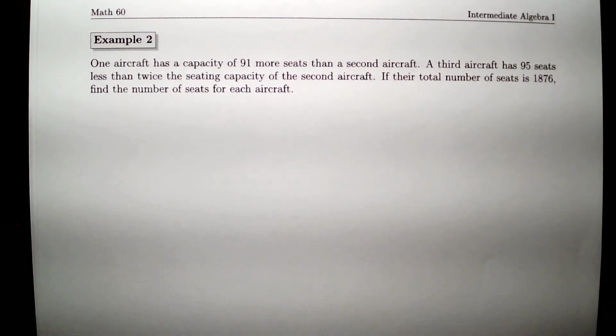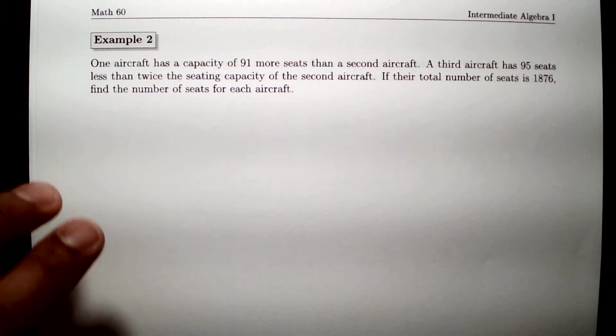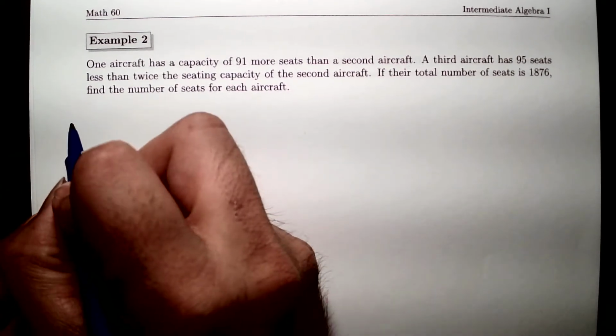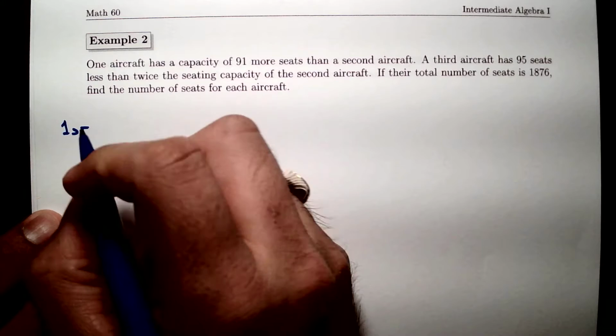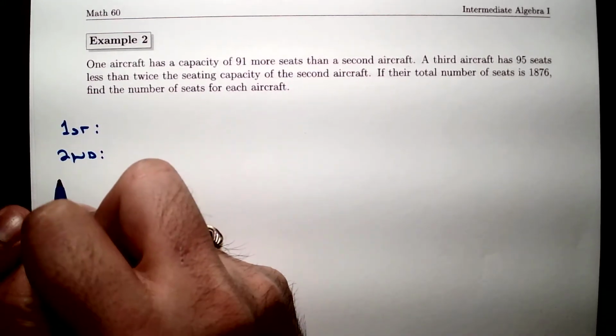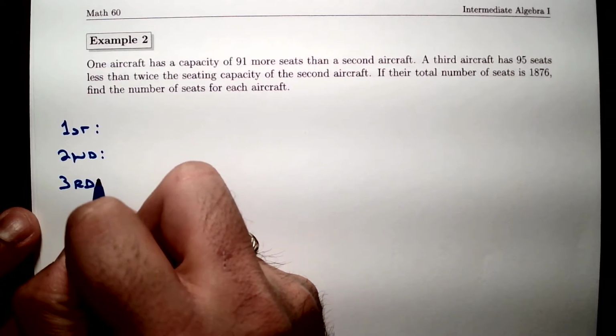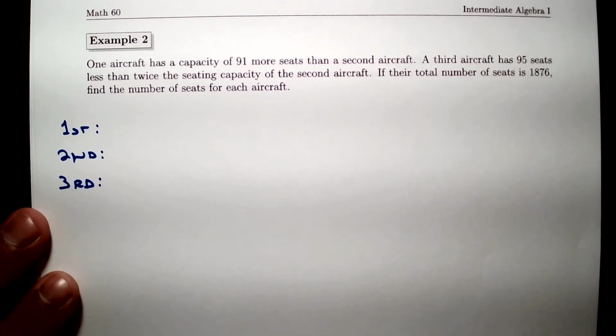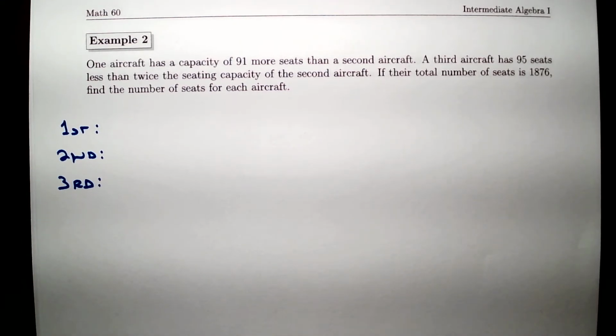All right, so what do we have first of all? We have a first aircraft, we have a second aircraft, and we have a third aircraft. Let's highlight the pieces of information again.